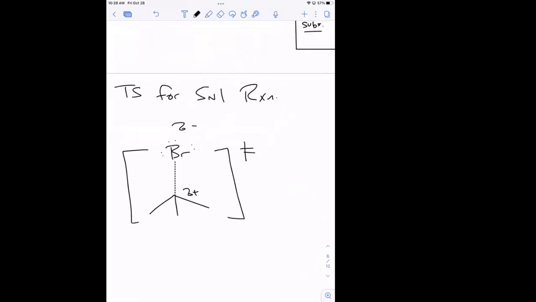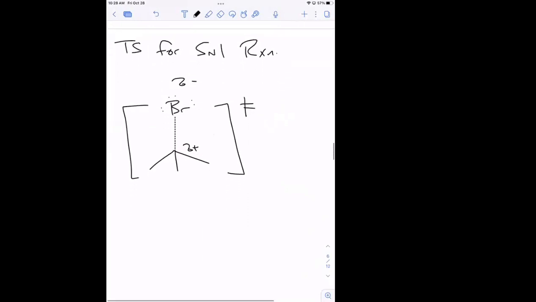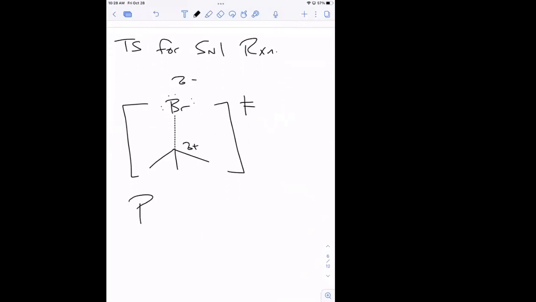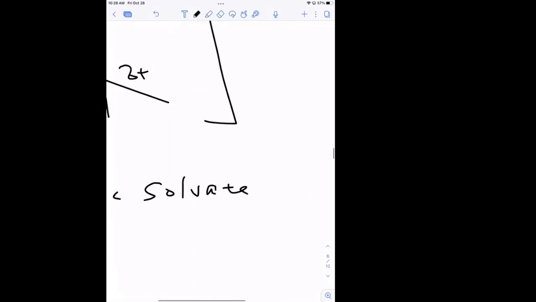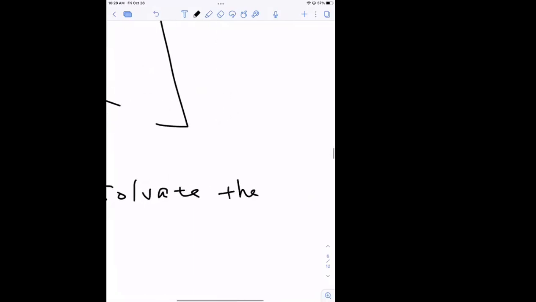Right? And so now you do this in a protic solvent. They're going to solvate that leaving group and relax it, make it more ready to leave.